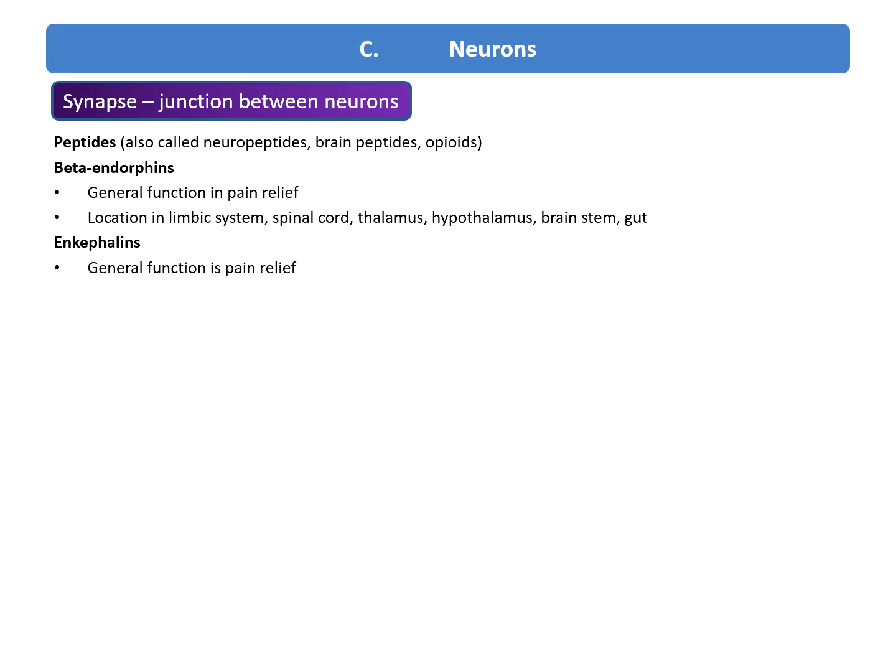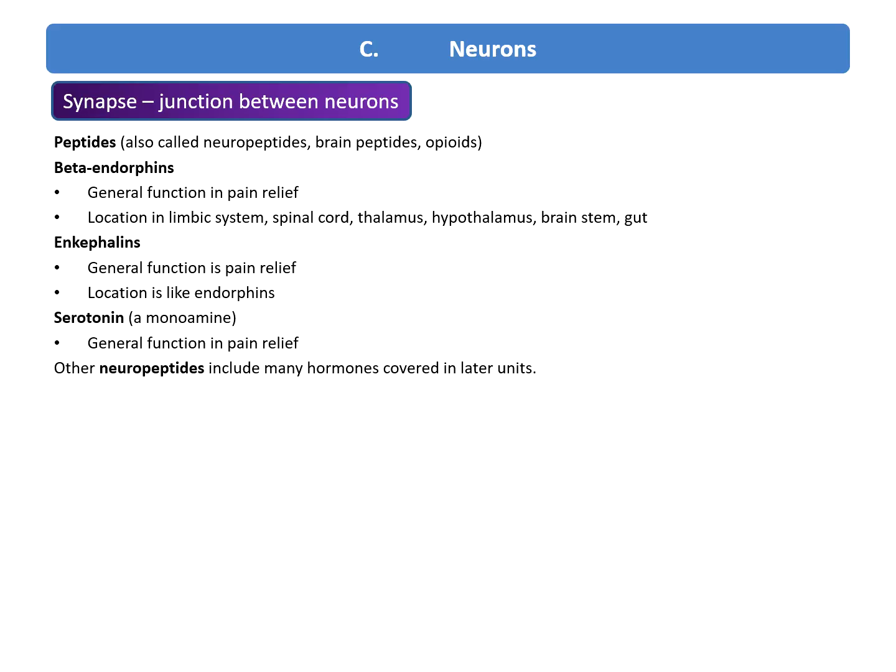Enkephalins, another one, also function as pain relief, located like the endorphins in the same groups of organs. Serotonin, this is another monoamine. Its general function is also pain relief. Other neuropeptides include many hormones, which we'll cover in later units, such as insulin.